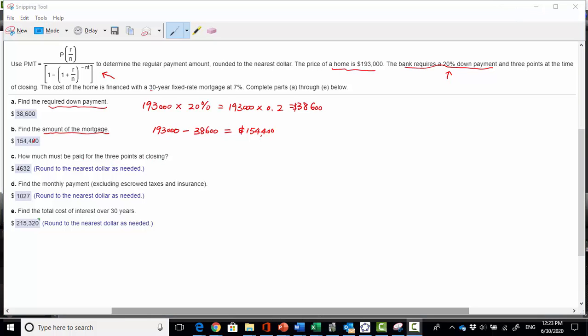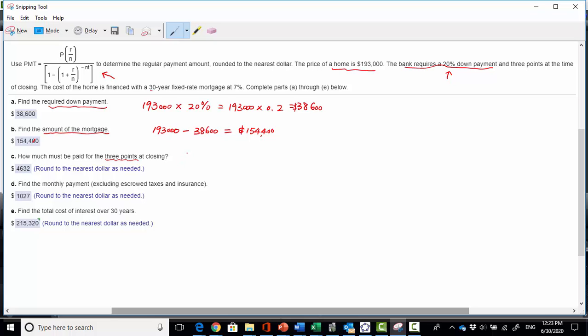Now let's look at part C. Part C asks for the 3 points paid at closing. The 3 points are fees that are paid directly to the lender at closing. 3 points means 3%. Sometimes it can be 2 points or 1 point.